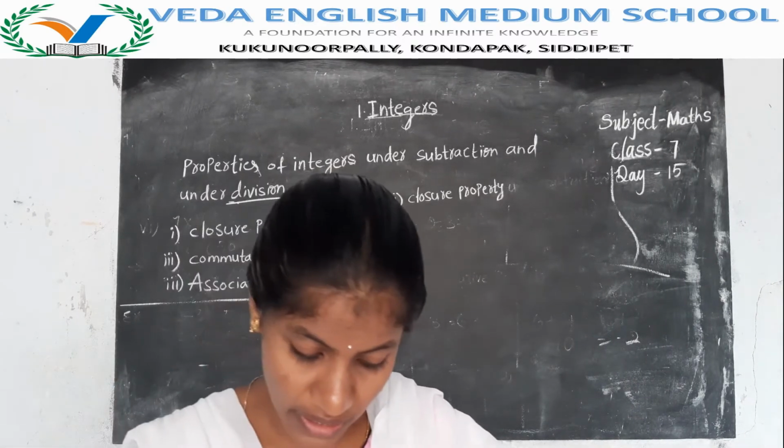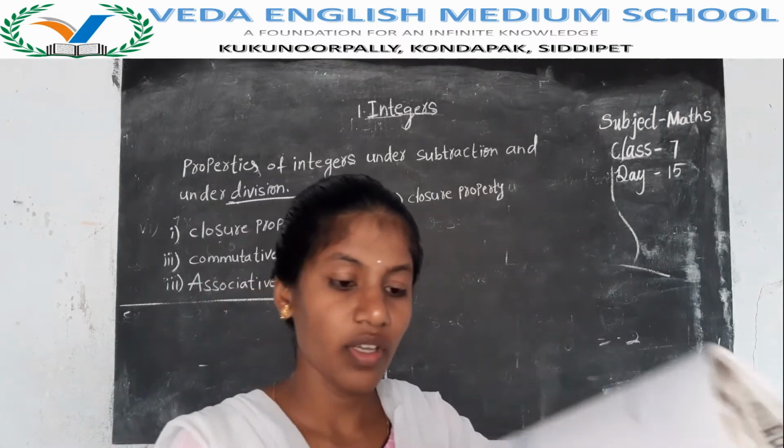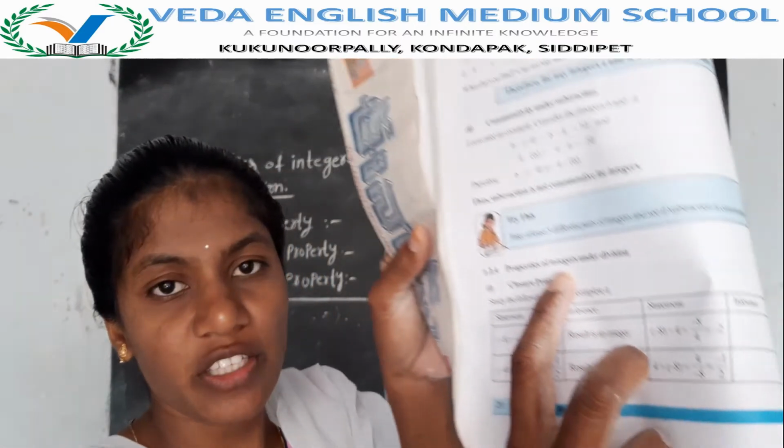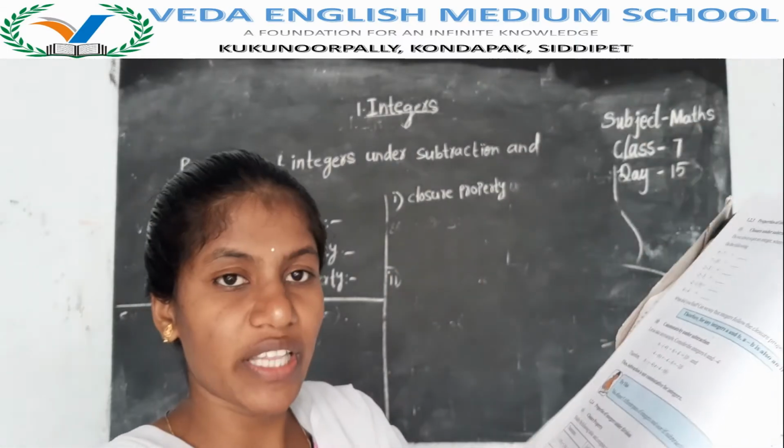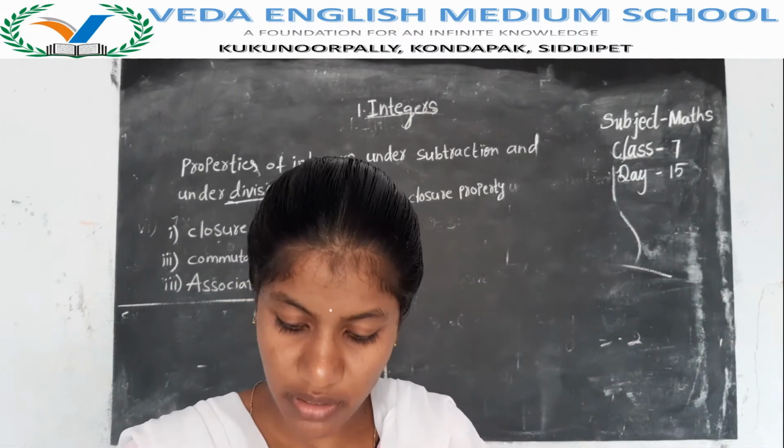Now see here, in your textbook you have properties of integers under division. First one they have given closure property. Study the following table and complete it.